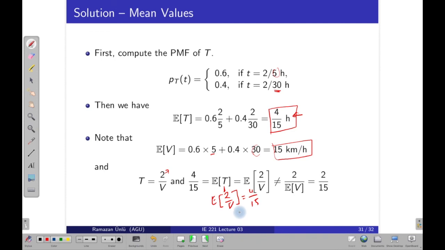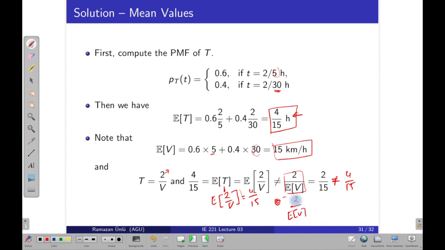And what if I write this as 2 over the expected value of v? I mean, like that one. If you do that, you will be wrong, because the result of this one is 2 over 15, which is not equal to 4 over 15.